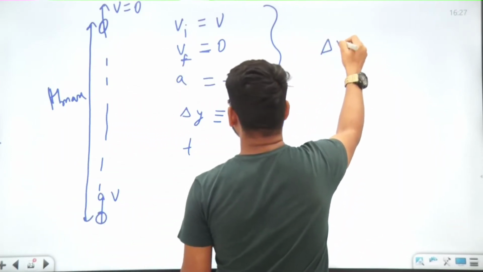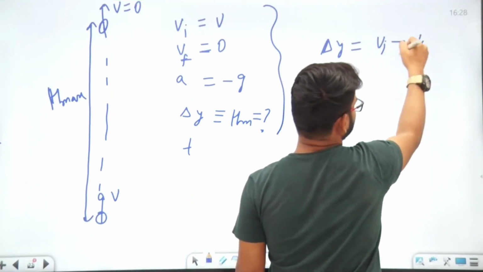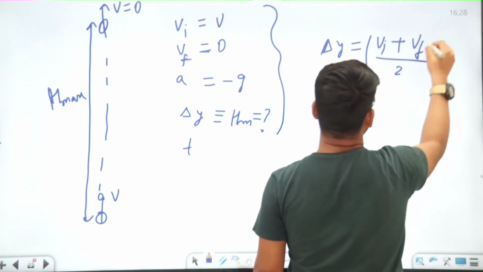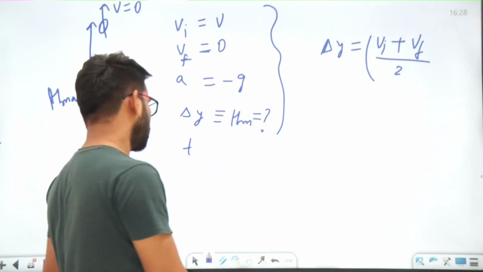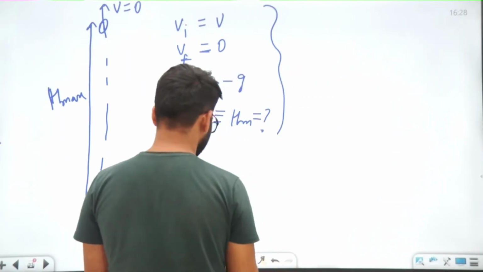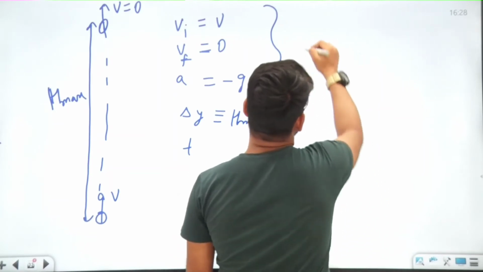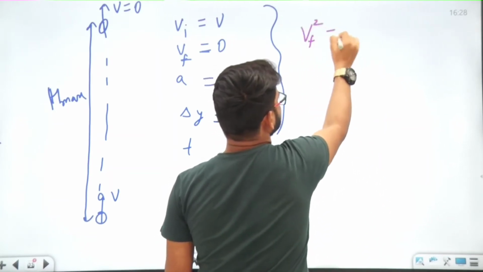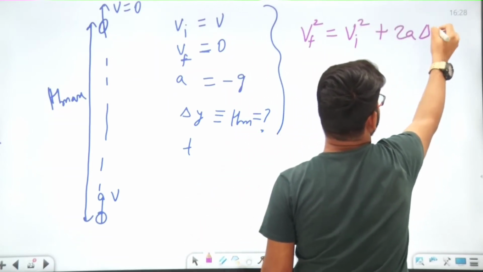Delta y equals Vi plus Vf over 2 times t, but this equation includes t, so it is not suitable. The suitable equation is Vf square equals Vi square plus 2a delta y.